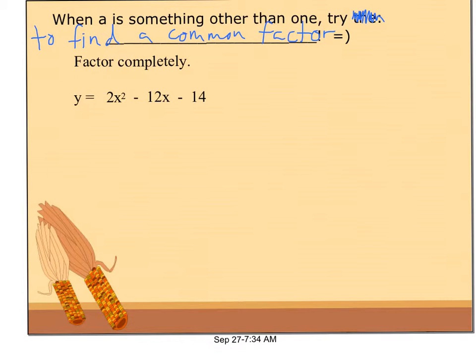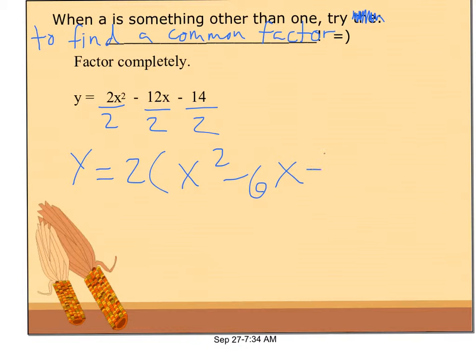So I look here and see that's divisible by 2, that's divisible by 2, and so is that. So I could rewrite this quadratic with a common factor of 2 pulled out, and I have x squared minus 6x minus 7, and I can just go ahead and factor what's in the parentheses.